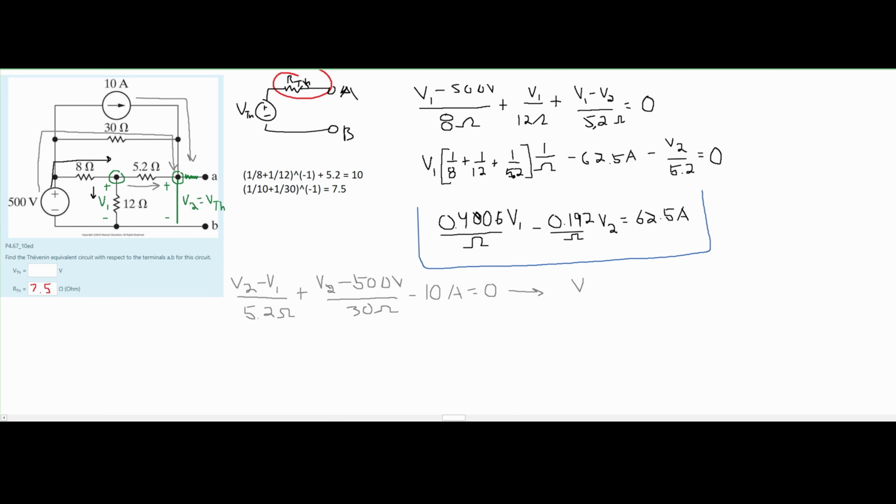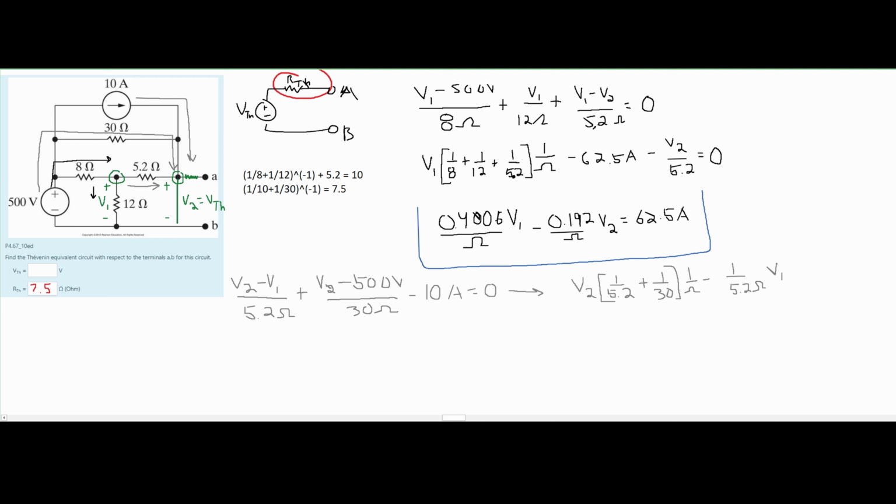We're going to have our V2 right here, and then inside of this we have a 1 over 5.2, and then a plus 1 over 30, and then we have 1 over ohms on the outside for units. Next, we have to deal with our V1. We have a minus 1 over 5.2 ohms times V1, and then we have two constants.